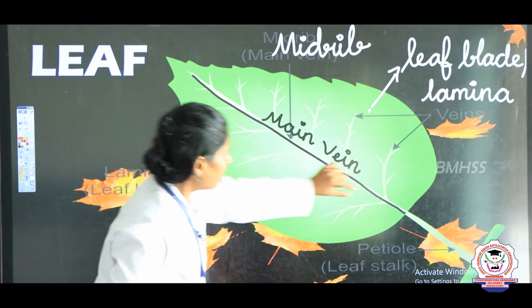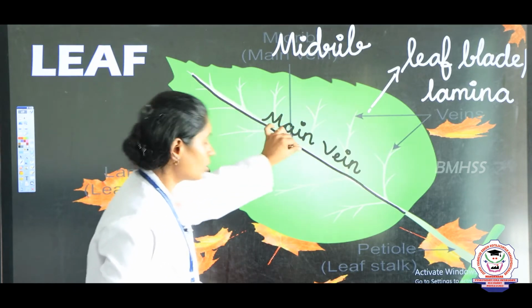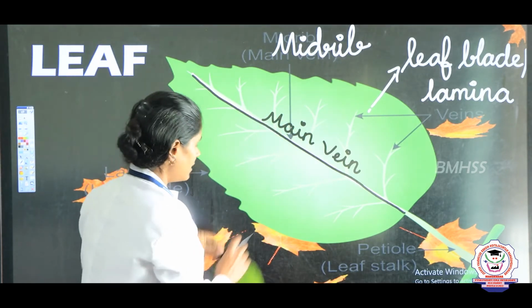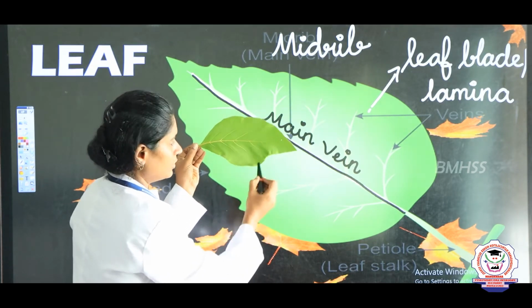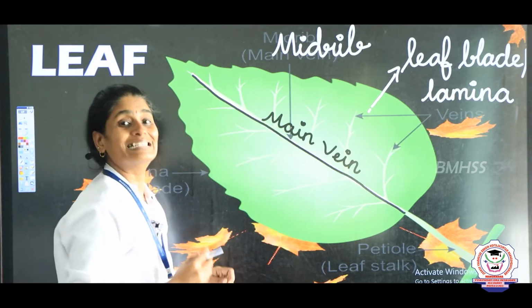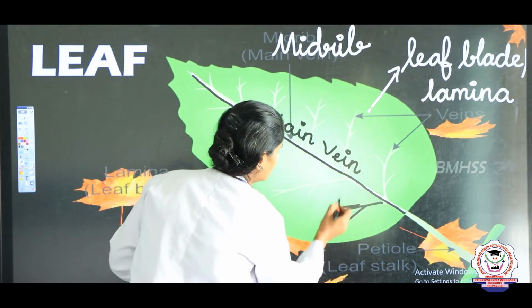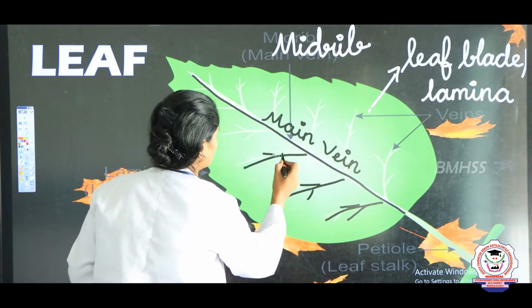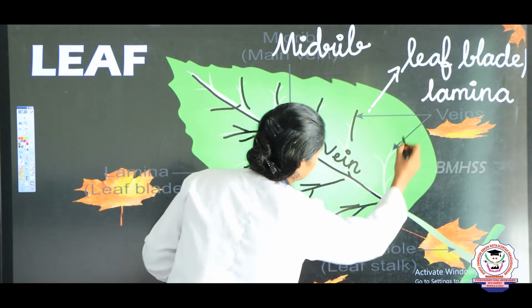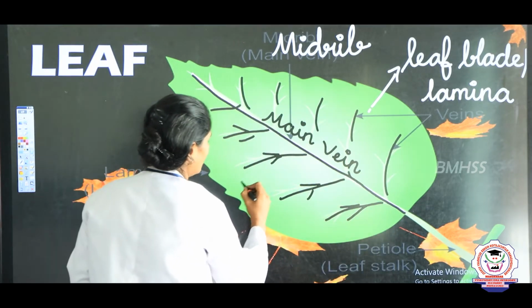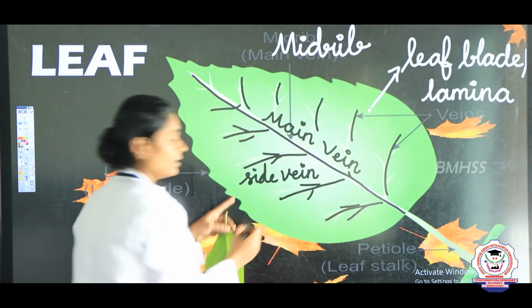Now let us see from the center vein. From the center line many lines go across the leaf. These veins are called side veins, V-E-I-N, side vein.